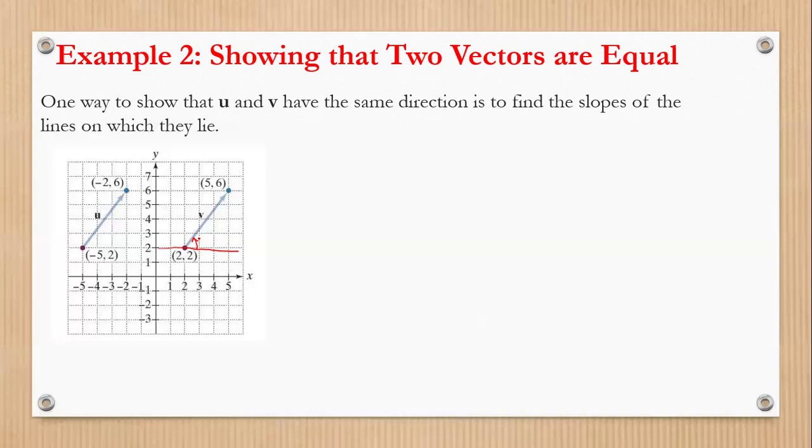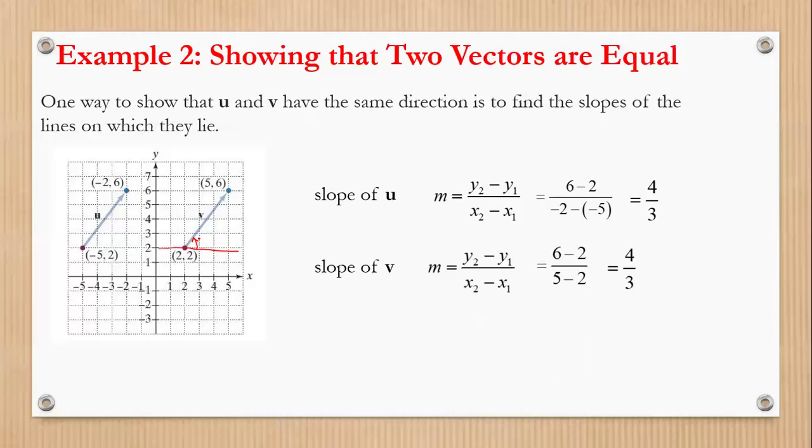To find a slope, we need to remember the slope formula for a line, which was y2 minus y1 over x2 minus x1. We need to find the slope for both vectors. So for vector u, we have 6 minus 2 over negative 2 minus negative 5, which is 4/3. And for the slope of v, we have 6 minus 2 over 5 minus 2, which is 4/3 again.